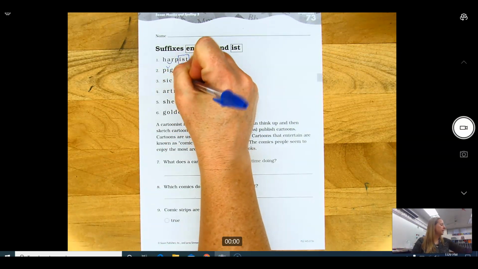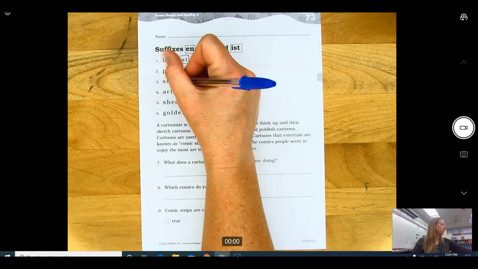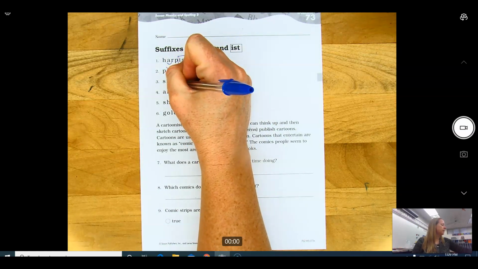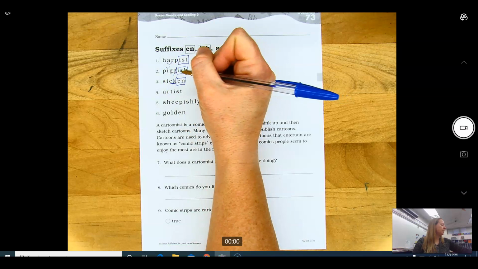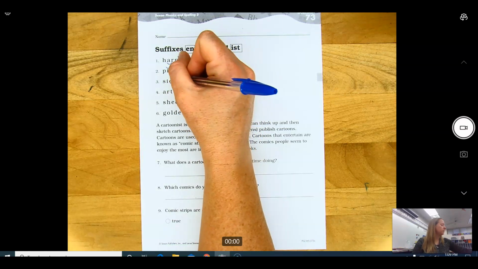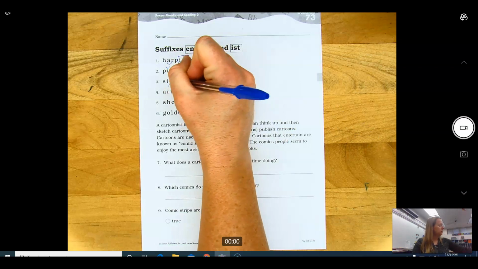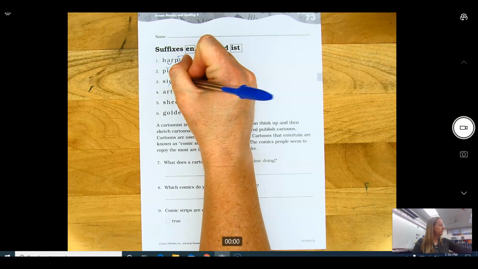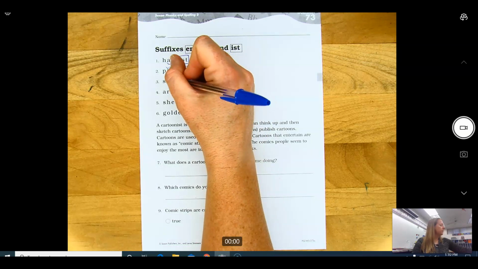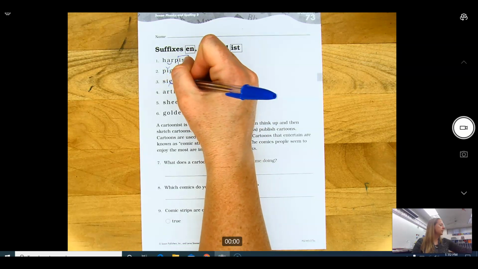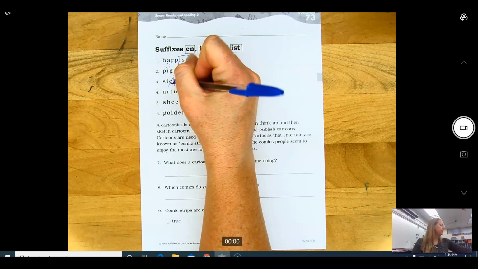Okay, EN suffix. Here's my root word. CK digraph, CK, cross out the K. Sorry, no, don't cross out the K because we're not saying the C, we're saying the K. I'm sorry. Do not cross out the K. That looks like a mess now, but that's okay. Okay, cross out the C because we say the K sound.